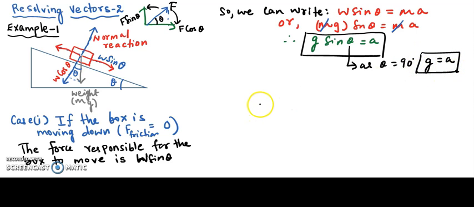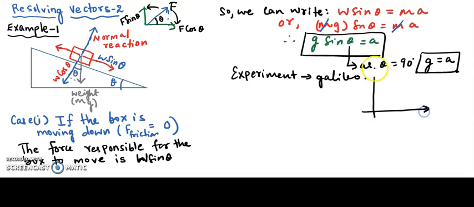So we can even do an experiment here, which was actually done by Galileo, and he plotted a graph between theta in degrees and acceleration in meter per second square, and for that graph he got a straight line.